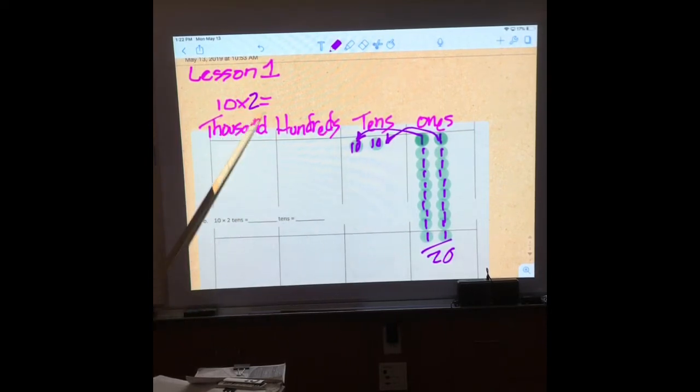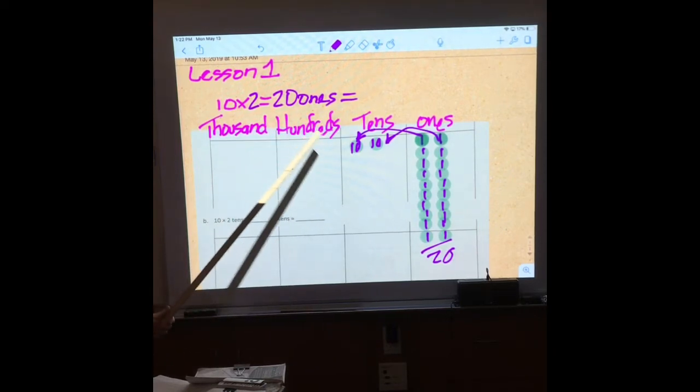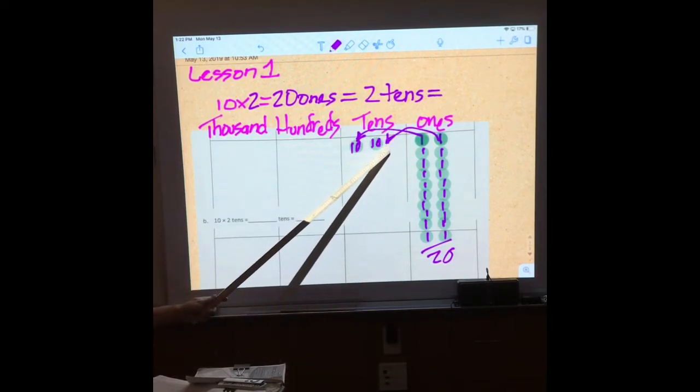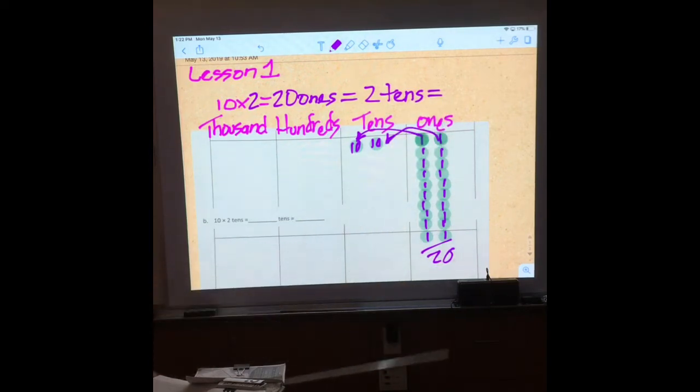How would we write it out in our word way? 10 times 2 would give us how many ones? 20 ones, which would equal what? Here we are, 2 tens. And how would we write that as our number?